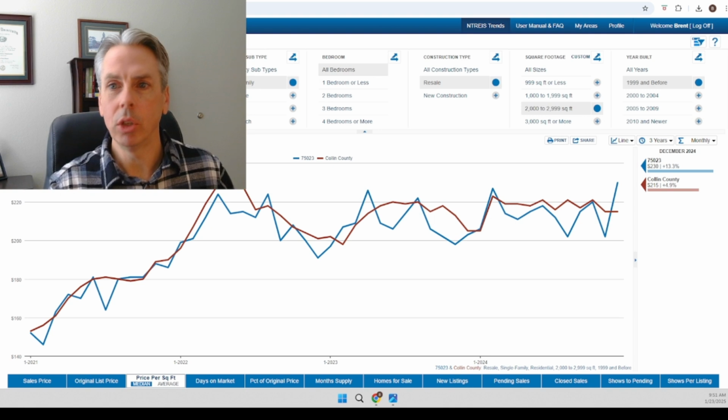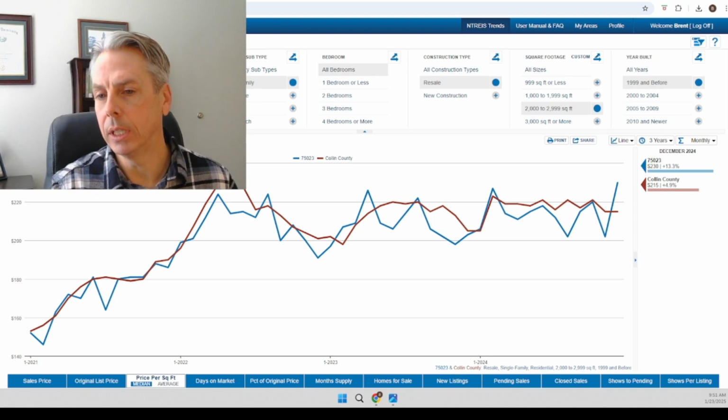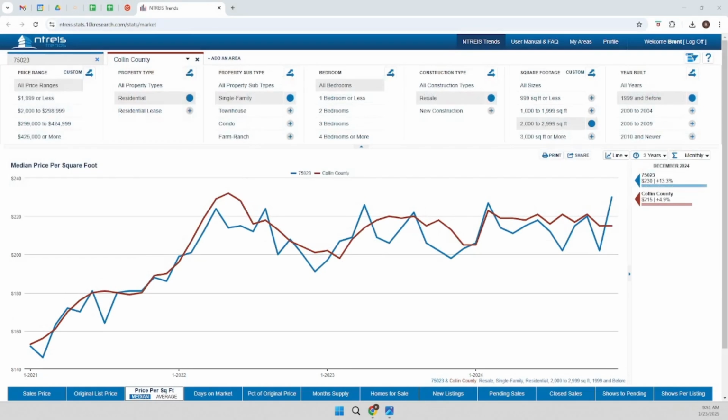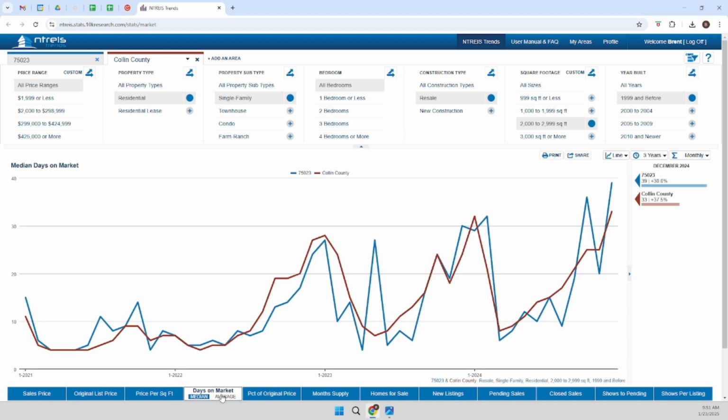And so we can look at that again. I'll let you see some info sparks here. This was the chart that I showed last time, and I want to show you the numbers behind that, which we also want to consider. This is Collin County and a specific zip code within Collin County.